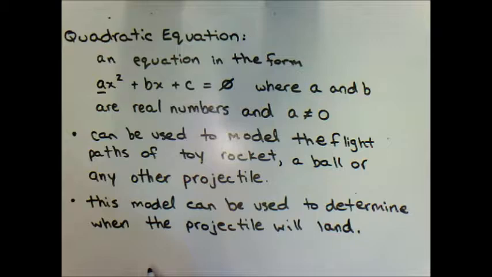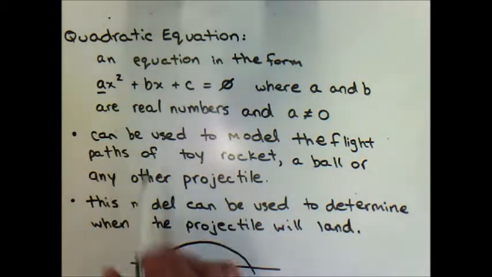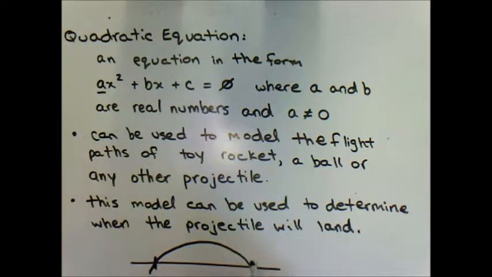So what goes up must come down, and we can use a quadratic equation, which is being converted into factored form, to learn where this projectile is going to hit the ground. And that is what we are working on today.